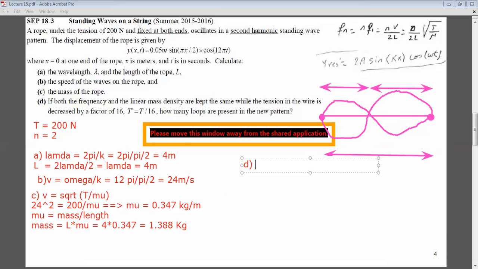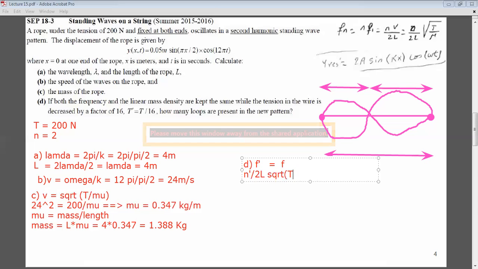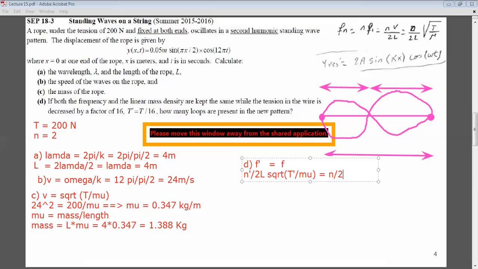So let's start by saying f prime is equal to f. But what's the formula for f prime? It's n prime over 2L times the square root of T prime over mu prime, but mu prime is mu because they said it is also the same. So this is equal to f, which is n over 2L times the square root of tension over mu.